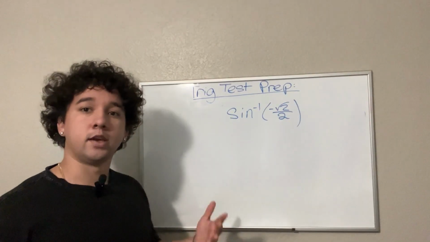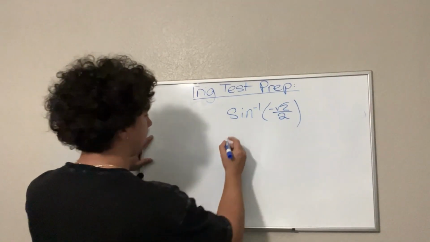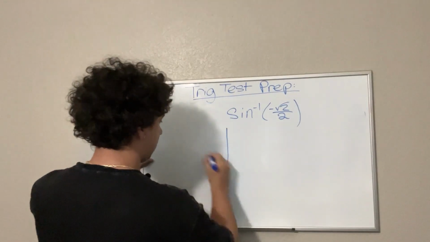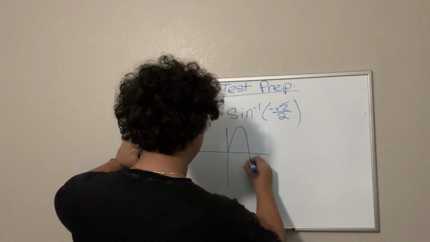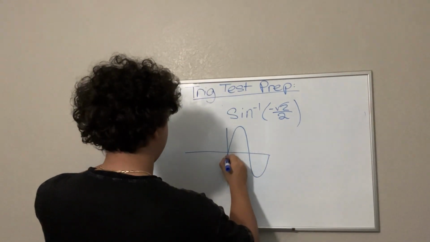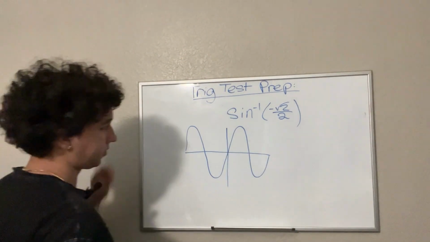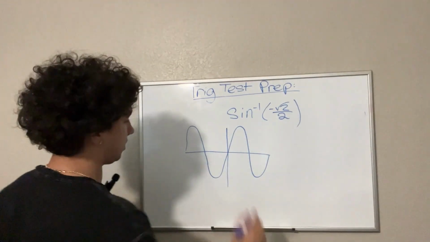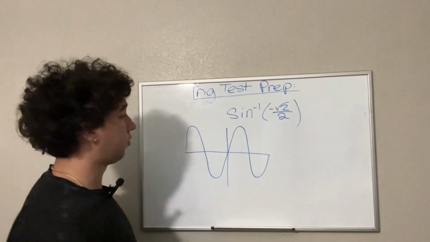Well, graphically, an inverse means it's 1 to 1, meaning that it passes the horizontal line test. So if I draw roughly what this graph looks like, it looks something like that. Now the horizontal line test means if I draw a horizontal line through this thing, it's only going to touch the graph once.